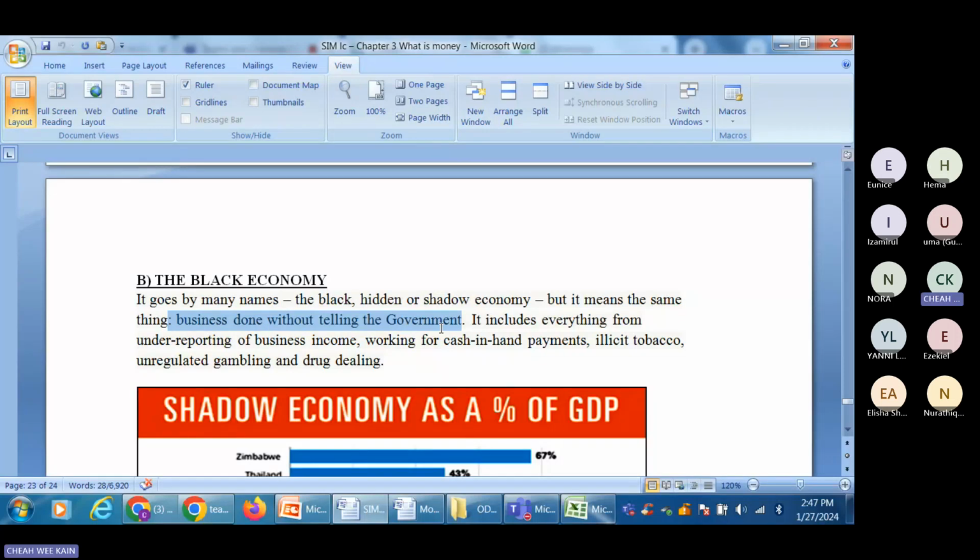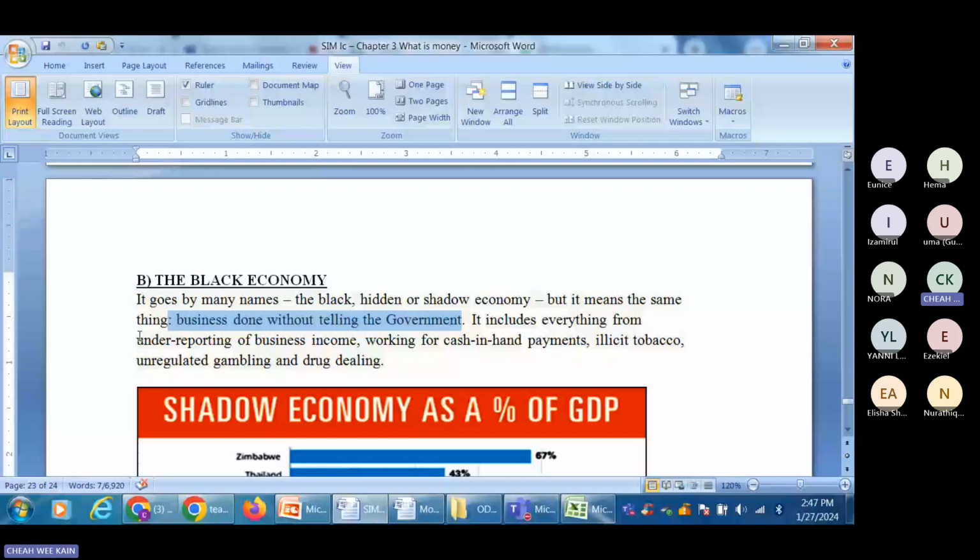Under-reporting of profit and income, working for cash in hand payment, or everything in cash, with no reporting to the government. Illegal tobacco or drugs, unregulated gambling, gambling only in your house among yourselves. These are all illegal gambling, and also of course drug dealing.